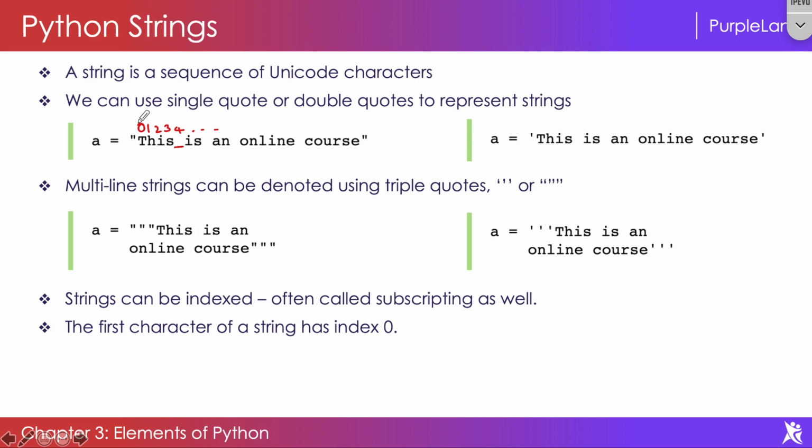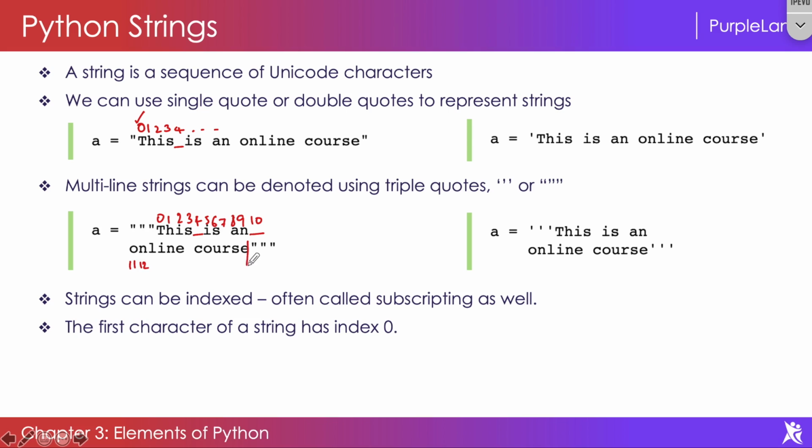In Python, the indices always start with 0. Even here, T starts with 0 and continues to the next character. Here space is at 4, this is at 5, this is 6, this is 7, 8, 9, and then there is a new line character which is at index 10, and it continues to the next line 11, 12, and so on, right?